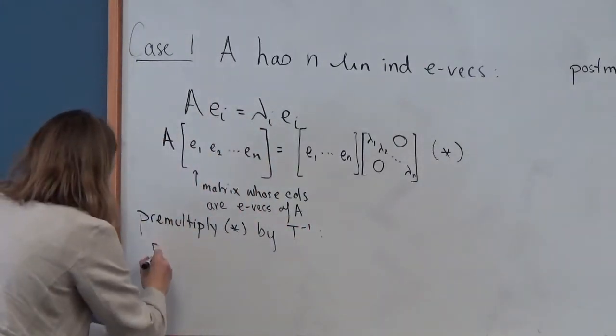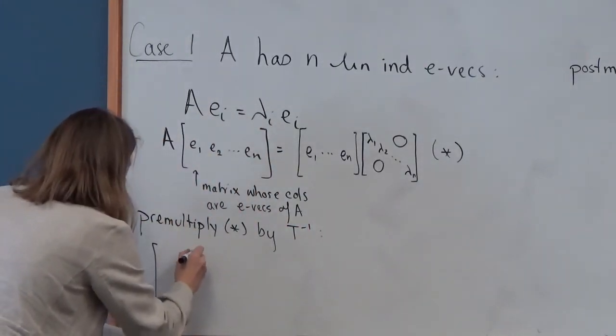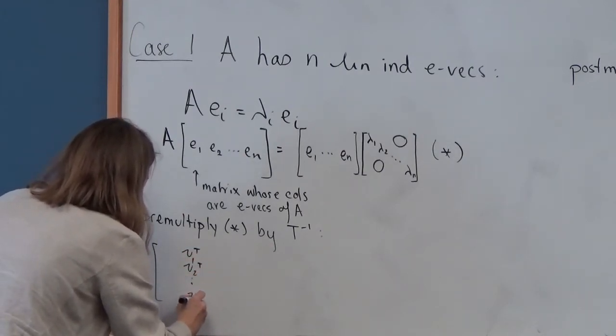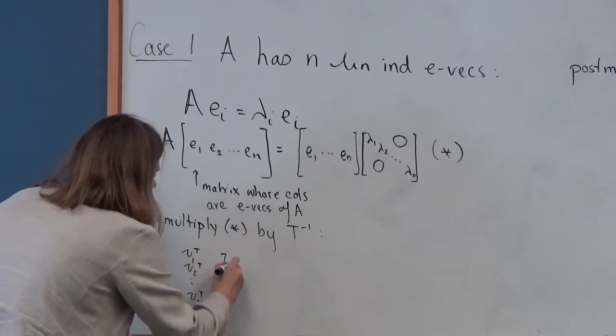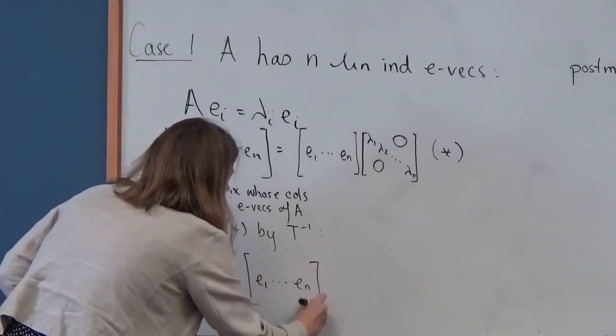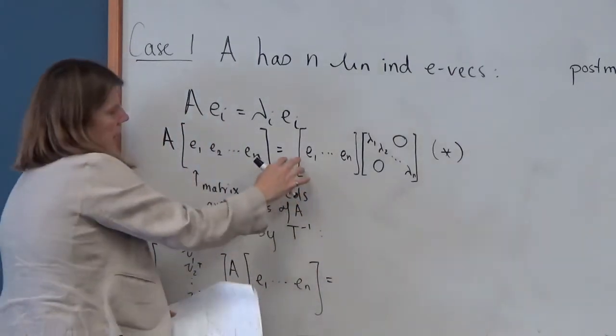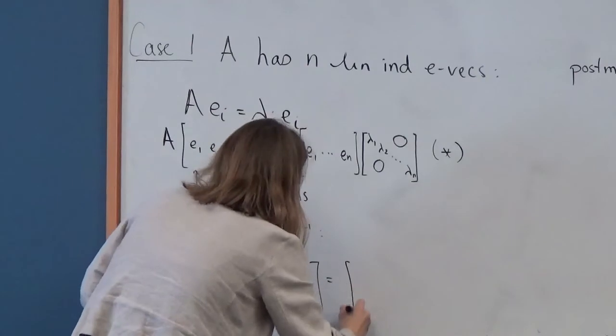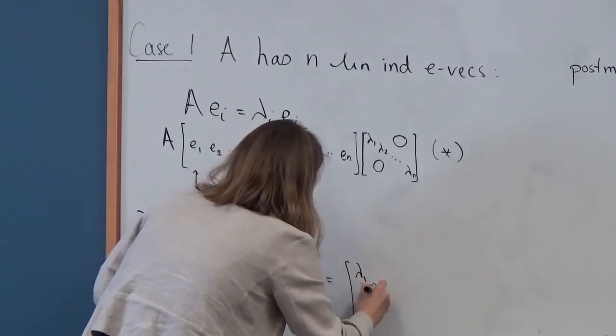Now we get nu1 transpose, nu2 transpose, up to nu n transpose, times A, times E1, E2, up to En. Pre-multiplying by T inverse, T just goes to the identity, and we get the diagonal matrix here.